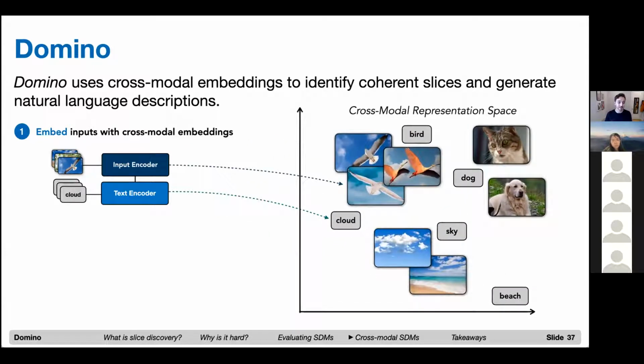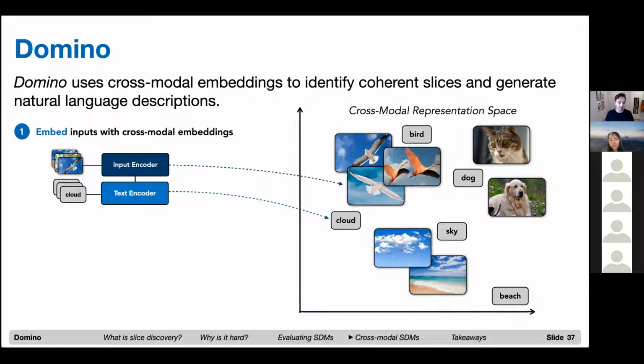One of the key insights behind Domino is that an input representation generated from cross-modal learning techniques actually encodes a little bit more of the semantic knowledge necessary for identifying coherent slices. Because remember, one of the desiderata that we outlined at the beginning was that we want slices that actually correspond to some concept where the images have something in common.